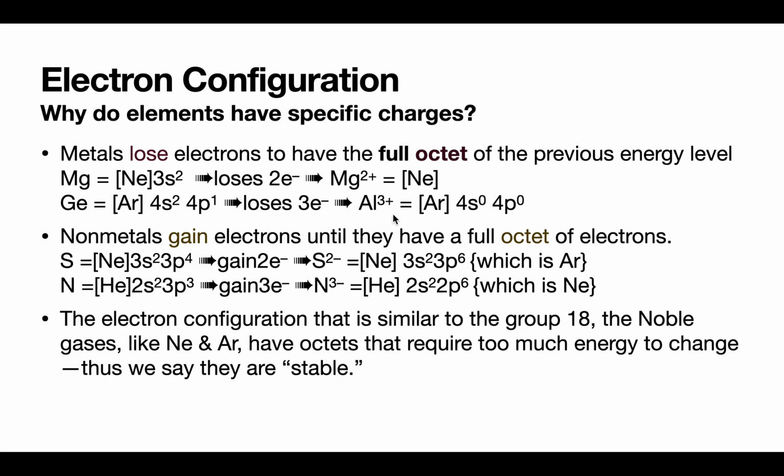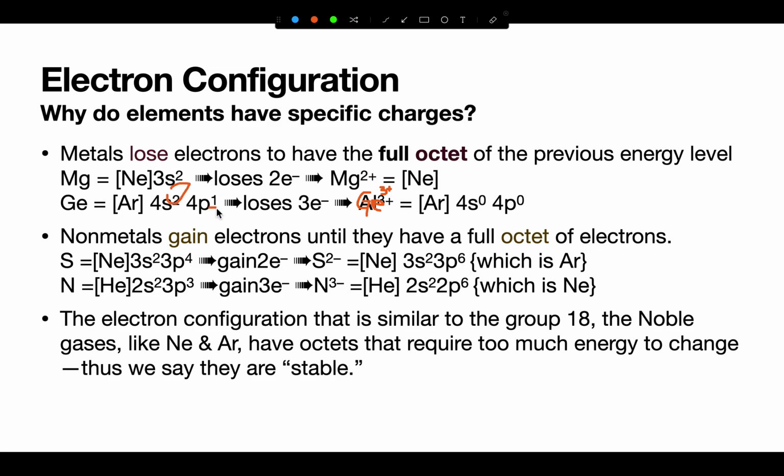Germanium has the same thing happen, and it looks like I switched to aluminum here. Sorry. You cannot switch to a brand new substance, so this would be germanium. And so germanium 3+ is formed when I lose electrons from both s and from p.